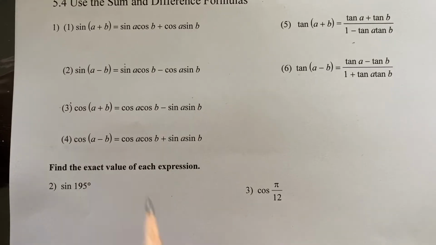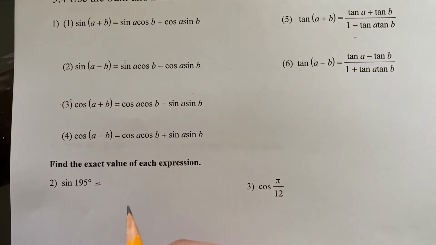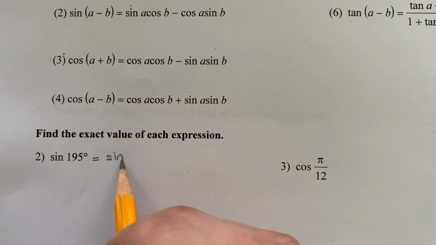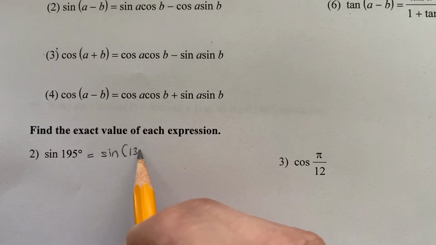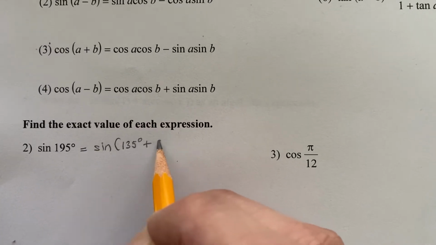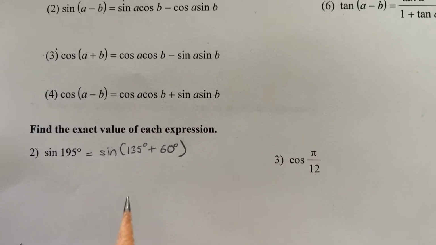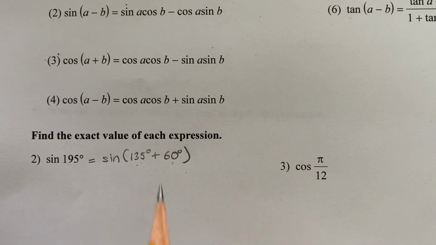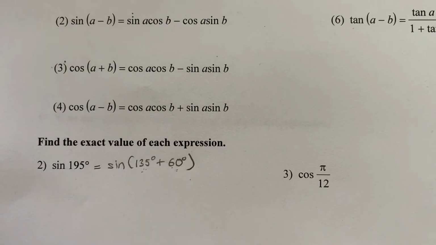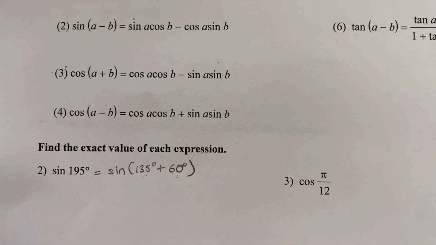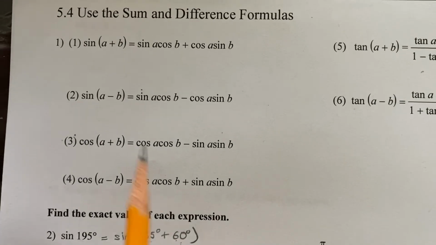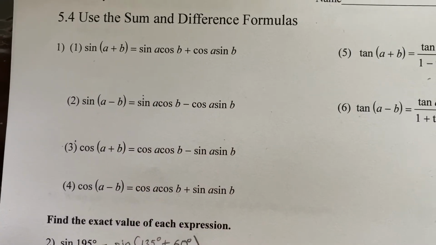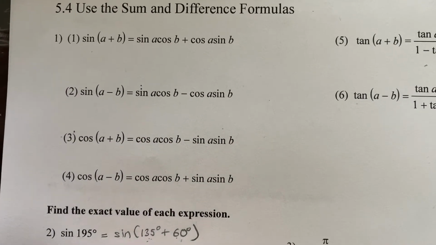So one way I can do this is saying the sine of 195 is the same thing as the sine of 135 plus 60 degrees. And these two numbers, if you memorize your unit circle, which you should have, are on your unit circle. And if they're on your unit circle, you can now use the sine sum formula, apply it, and then evaluate.